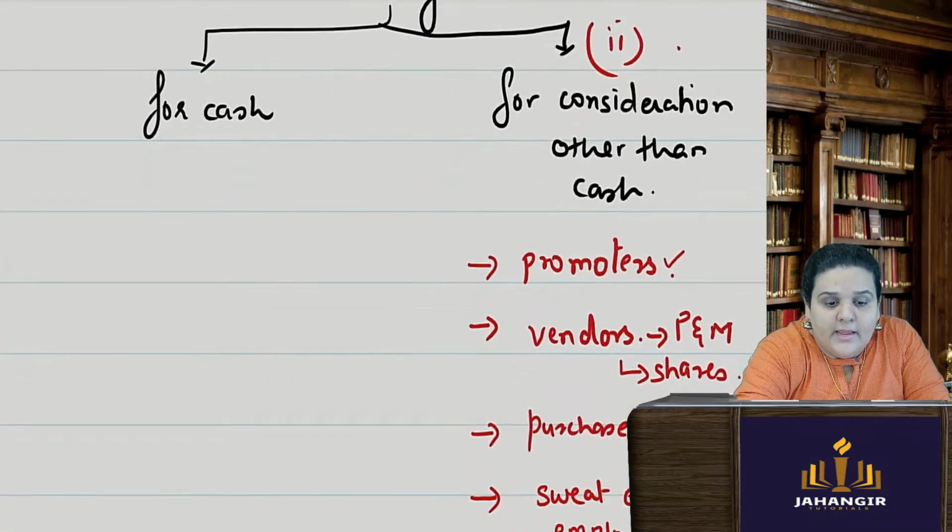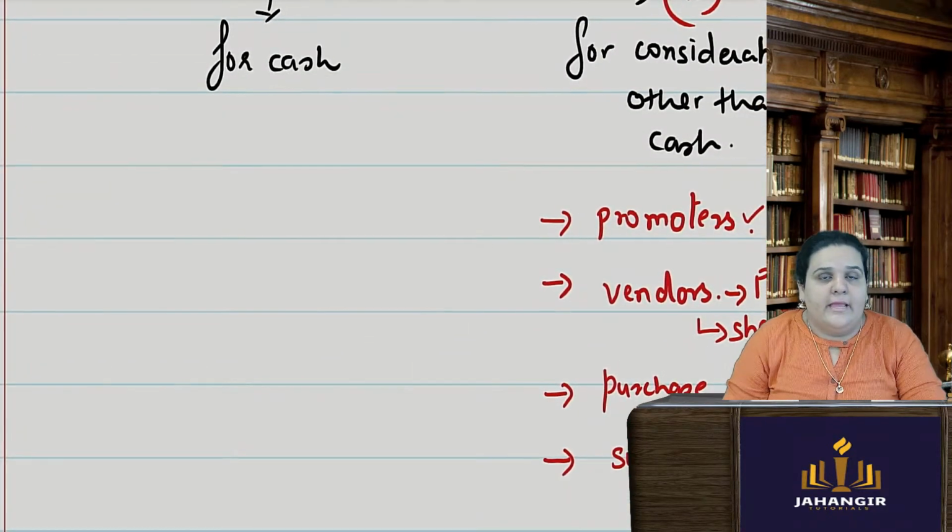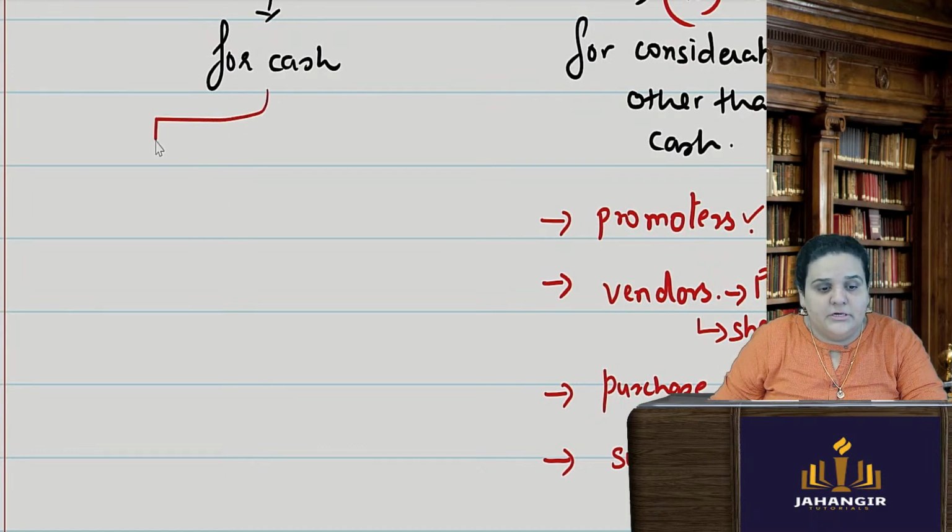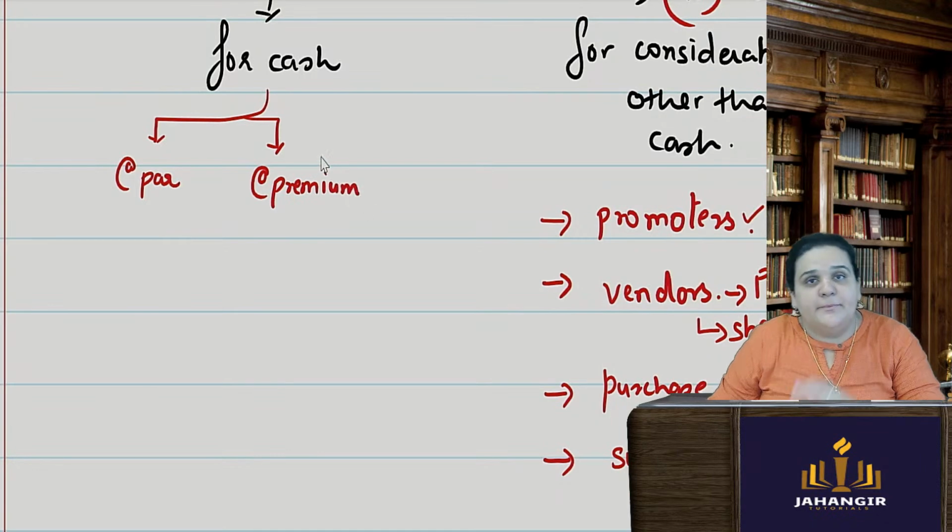But we have to focus more on shares issued for cash. When shares are issued for cash, it can be issued at par, it can be issued at premium. As per the 1956 Act, they could be issued even at discount, but now it is not there as per the 2013 Act.